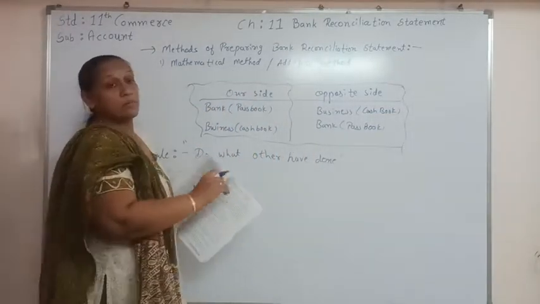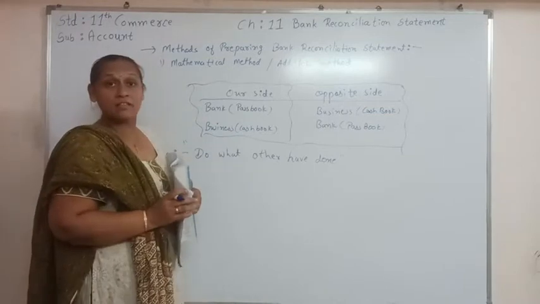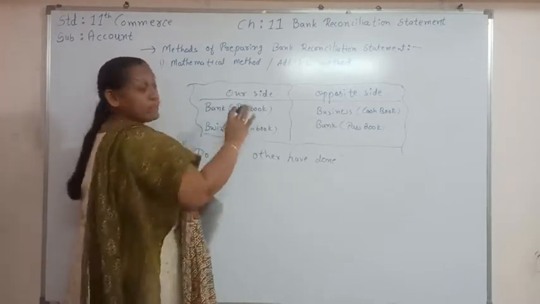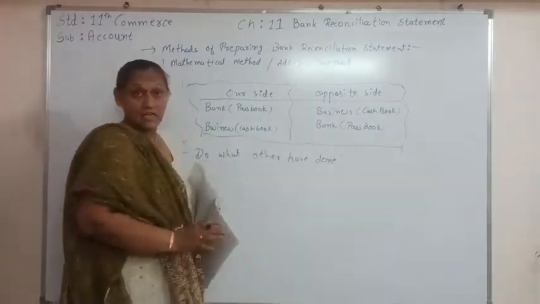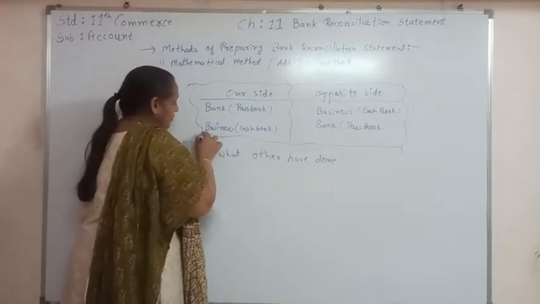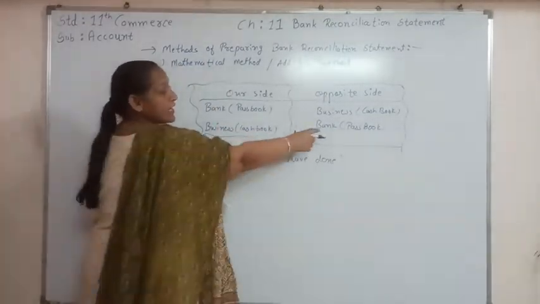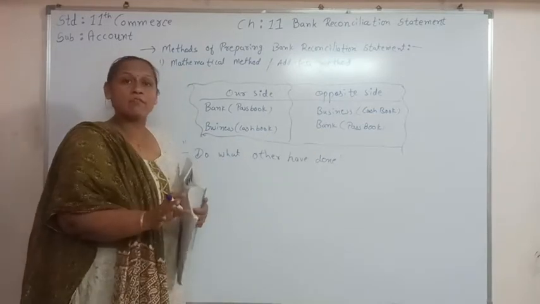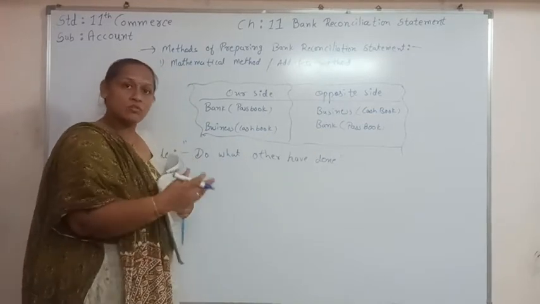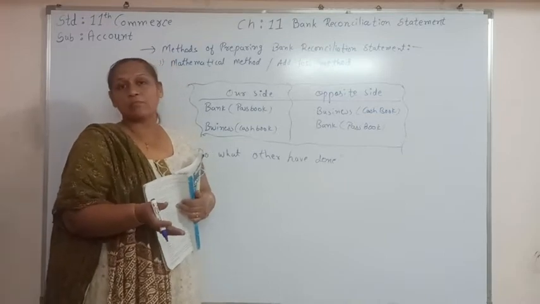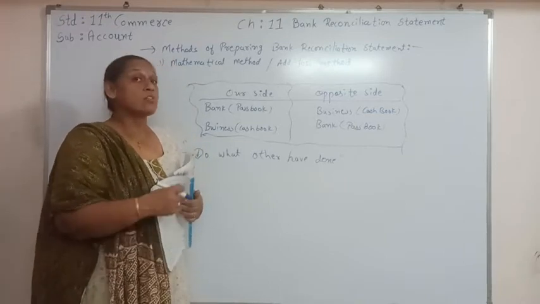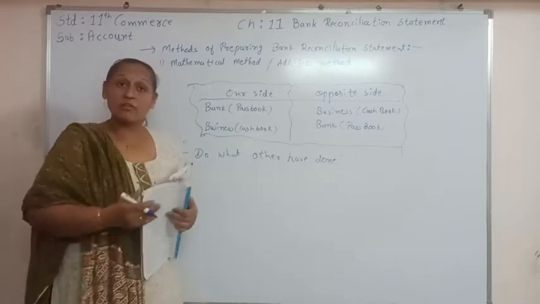If we are the bank, if we have started from the passbook, then we have to do what the business has done, and if we are starting from the business, do what others have done, that is, what the bank has done. We have to do this so that our balance as per passbook and as per cash book will be tallied. So these are the rules that we have to apply.